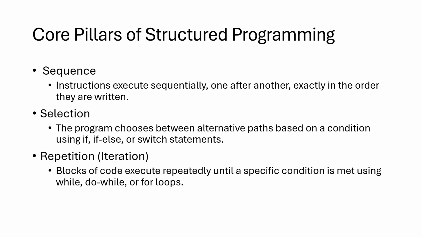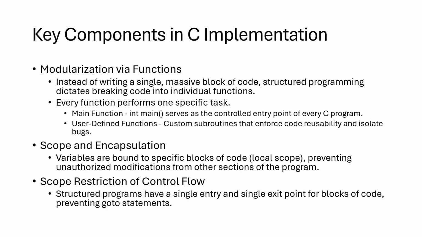The second is selection, in which the program chooses between alternative paths based on a condition using if-else or switch statements. The third is repetition, or iteration statements. Here, blocks of code are executed repeatedly until a specific condition is met, using while, do-while, or for loops. So these are the core pillars of any programming language.